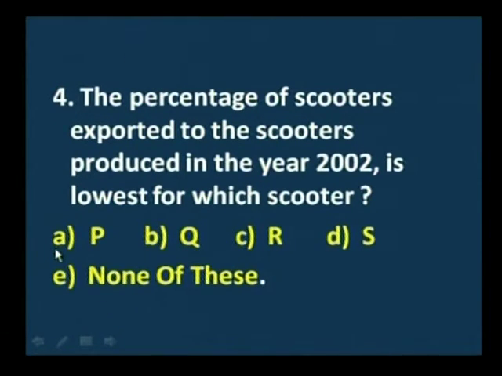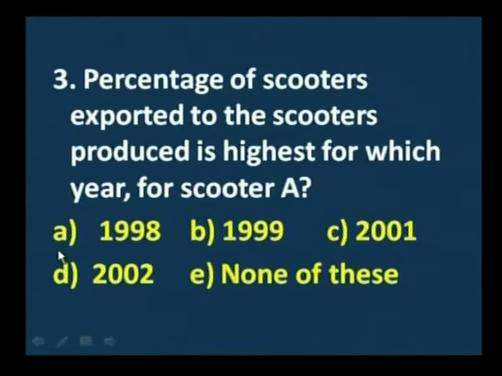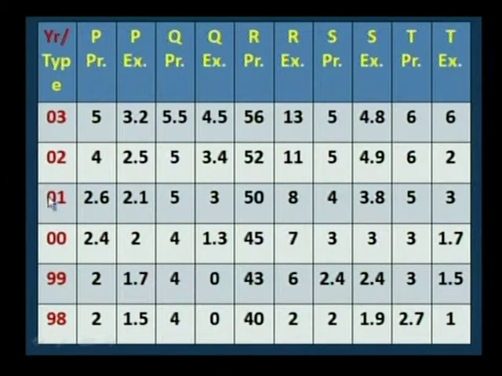Now, you take year 2002, in the year 2002 you compute the ratios 2.5 by 4, 3.5 by 5, 11 by 52, 49 by 5, 2 by 6, into 100. You compute these ratios, multiply the ratio by 100, and whichever is maximum, that is the answer.